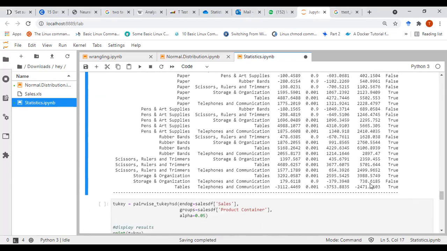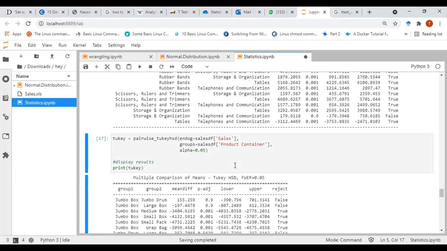So I think you have to put some filter there in order to discover. So false means, for example, there is no difference between the sales of storage organization and telephone and communication material, or between, let's say, rubber bands and scissors, rulers and trimmers. So all of these are very minute type of data which are of interest to product managers or the sales managers. Okay.